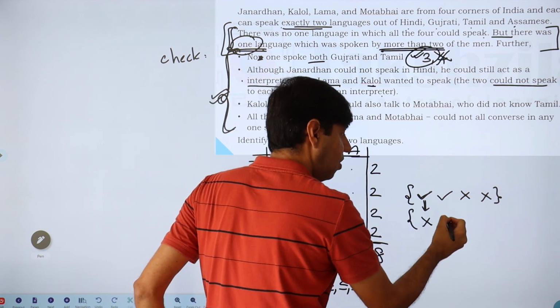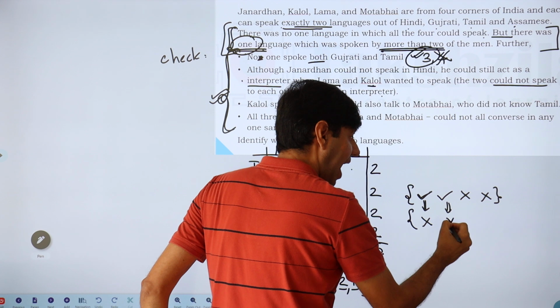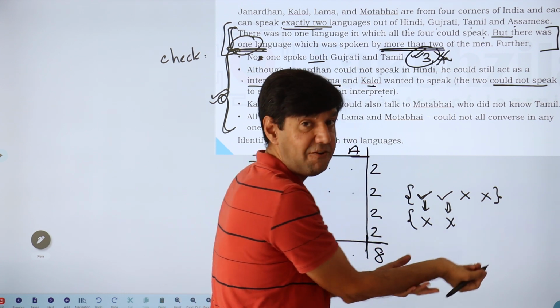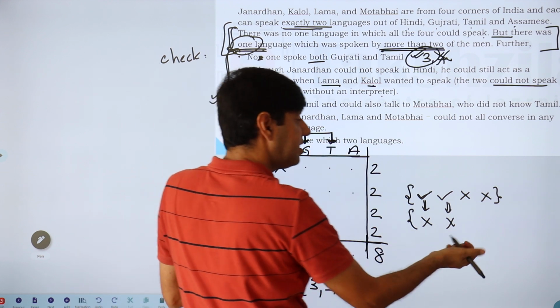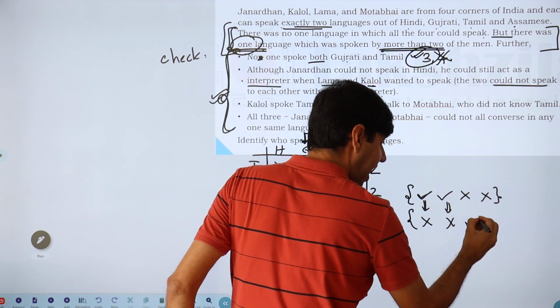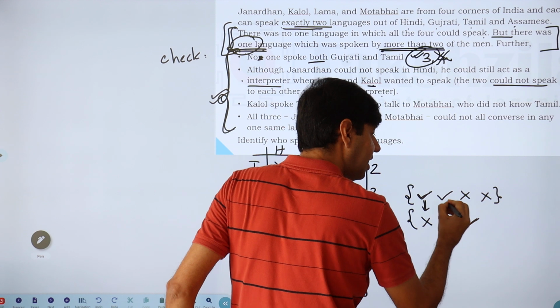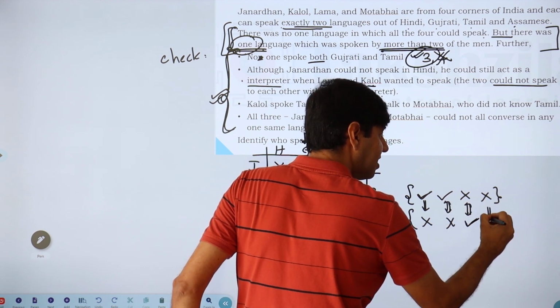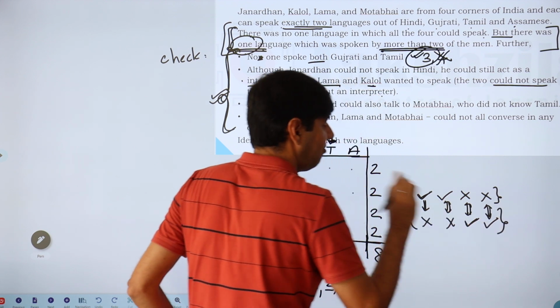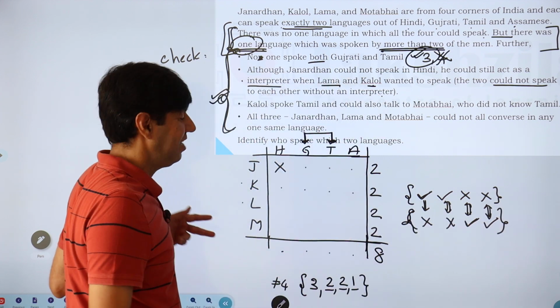So this will be a cross and this will be a cross. And if these two are cross, the others have to be a tick. Or you could start from Lama and say that if there is a language he can speak, the other one cannot be speaking that language, right? So there's a wealth of information here, and if you missed this sort of information, students, then you missed a big thing here.